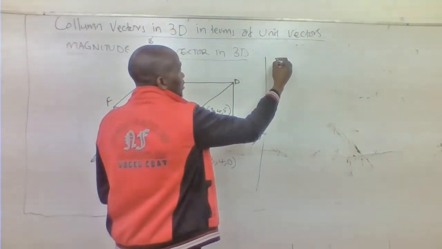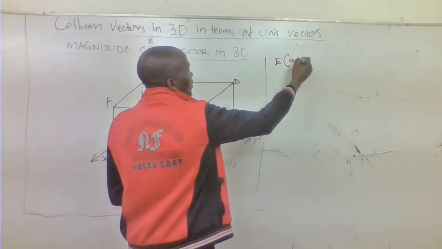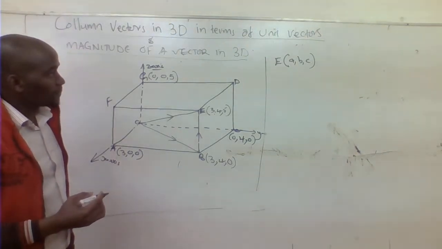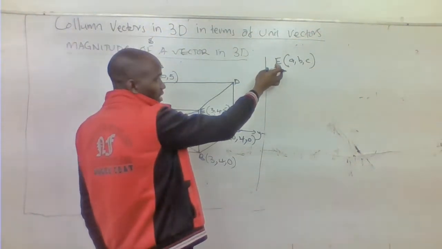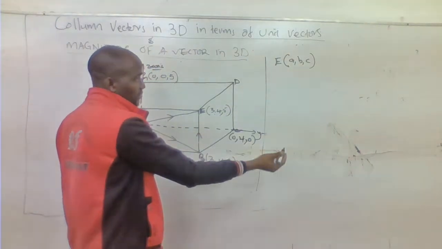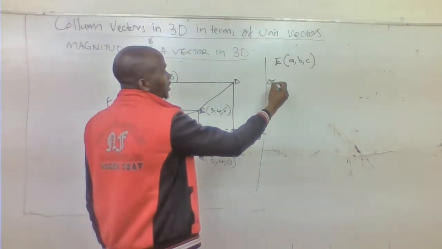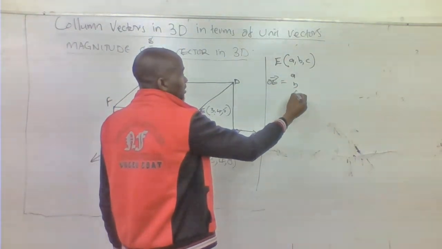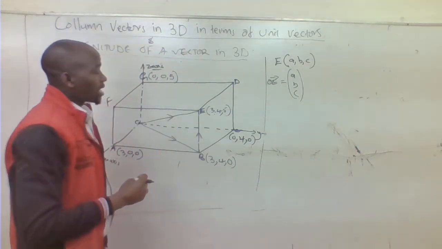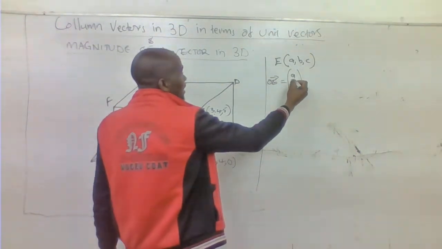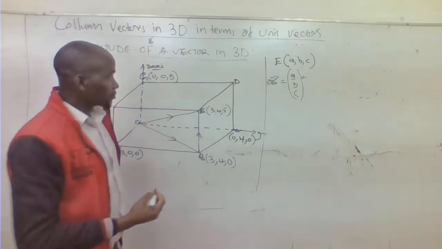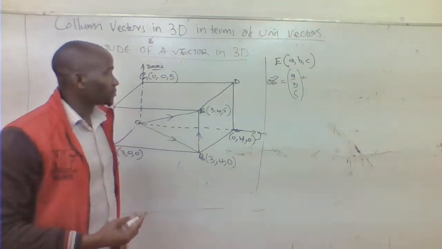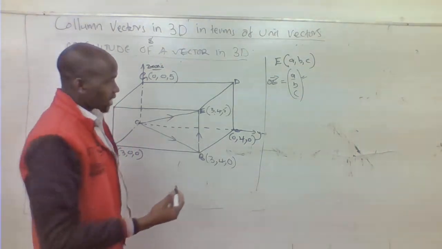let's say E with coordinates a, b, c, we can write this given point in terms of a position vector, that is from the origin, as OE, which is a, b, c as a column vector, where a is the displacement along the x-axis, b the displacement along the y-axis, and c the displacement along the z-axis.